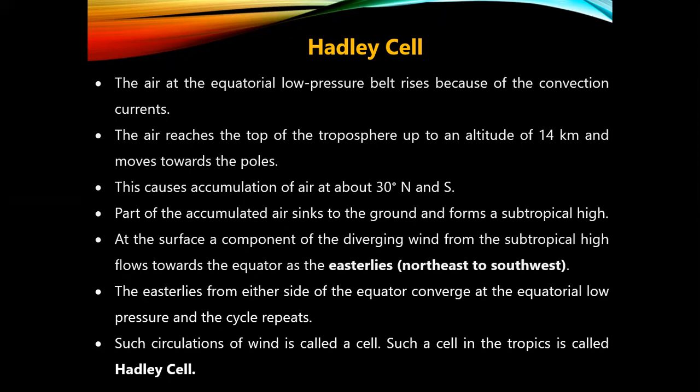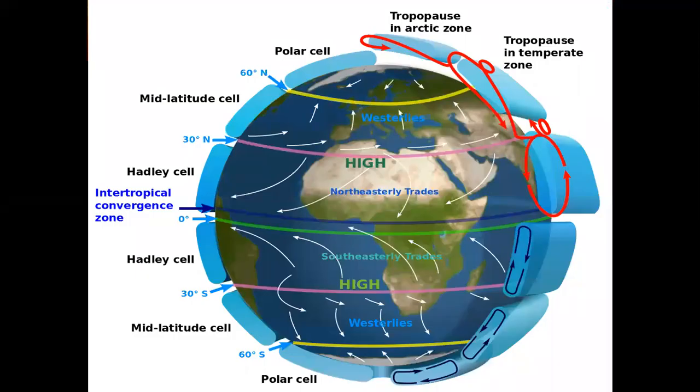The easterlies from either side of the equator converge at the equatorial low pressure and the cycle repeats. Such circulation of winds is called a cell. Such a cell in the tropics is called the Hadley cell.